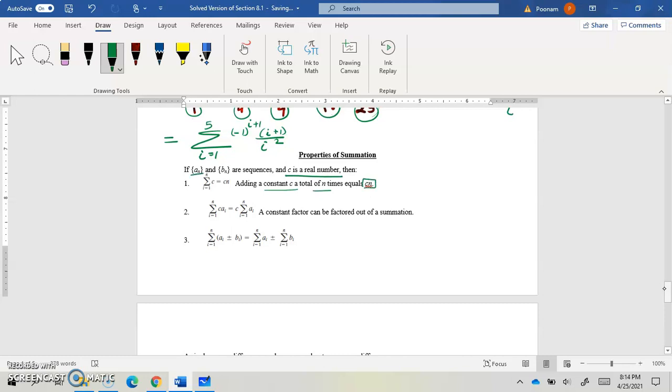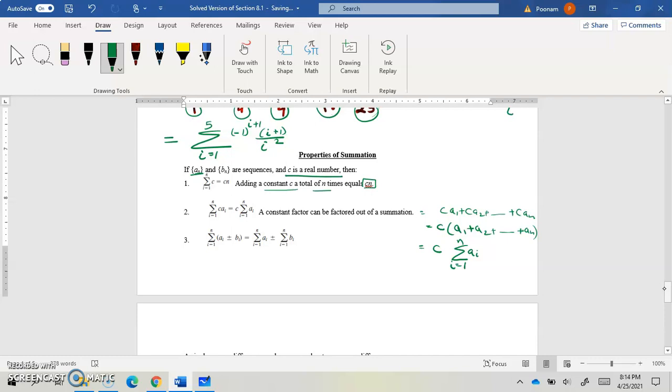If we have a sequence a_n and we are adding c a_1 plus c a_2 and so on to c a_n, you can factor c out: c times (a_1 plus a_2 plus so on to a_n). That is c times sigma i from 1 to n of a_i. So if it's a series c a_i, and c is a constant, we can factor it out.